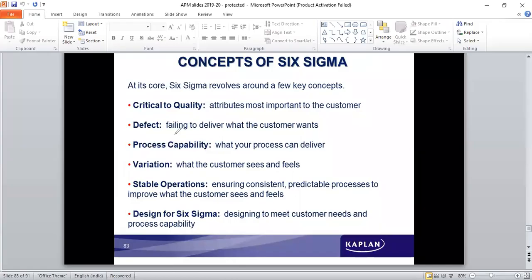It is not just with a concept that because the competitor failed, they would be doing it, but see, critical to quality is based on what the customer sees and feels, what is the customer's feedback. That is crucial here for them to venture into that area and focus in those areas.